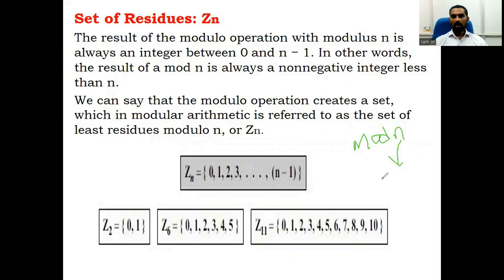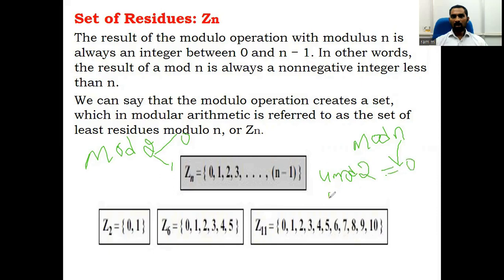Before going to the general case, we'll consider mod 2. If you take any integer and apply the mod operation with respect to 2, it produces only 2 residues, either 0 or 1. For example, if you apply 4 mod 2, as 2 exactly divides 4, we get the residue 0.